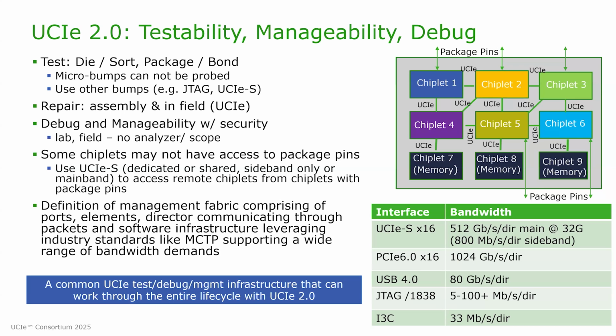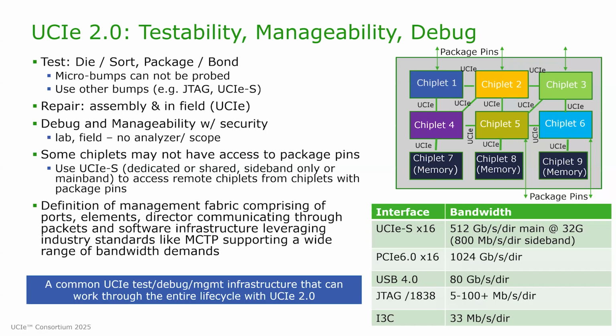And the other thing that makes it interesting is, how do we address these aspects when some of the chiplets may or may not be directly connected to an external package pin? Like you can see here, some of these chiplets are not connected directly to an external package pin. And different chiplets have a wide range of bandwidth demands for these aspects.